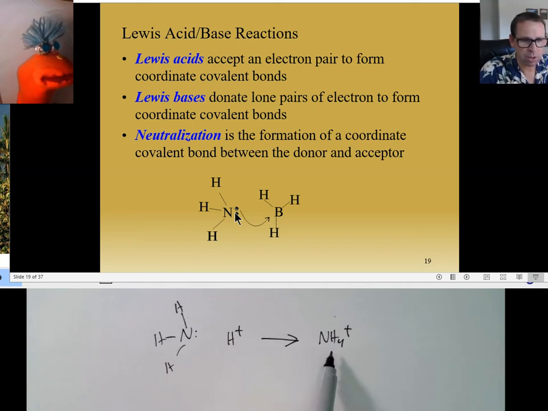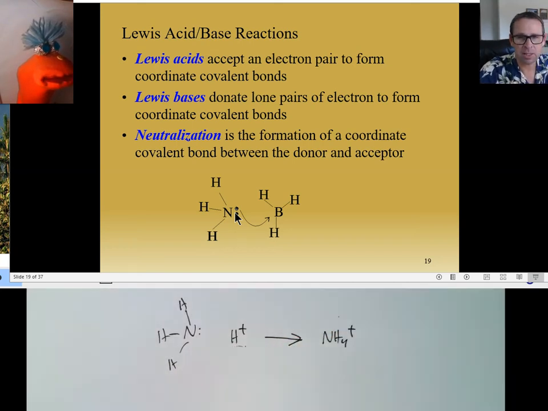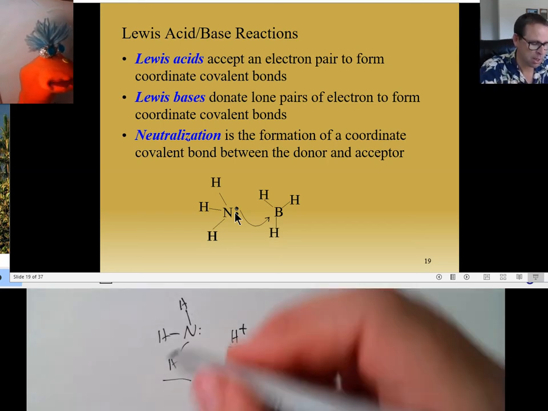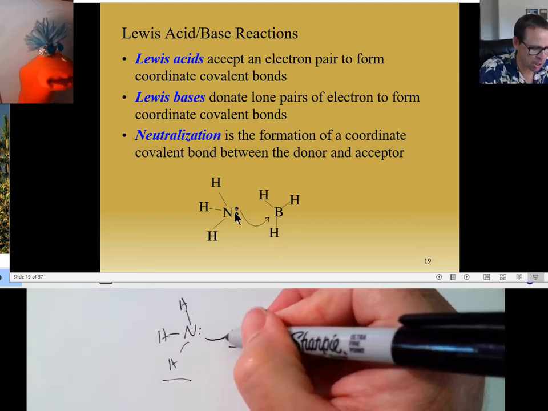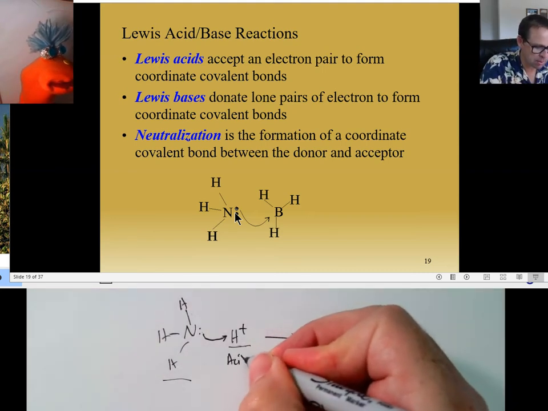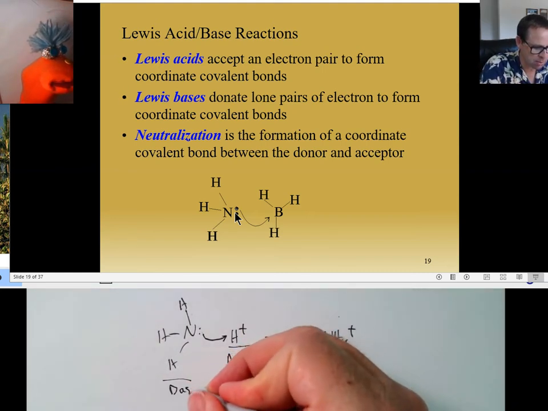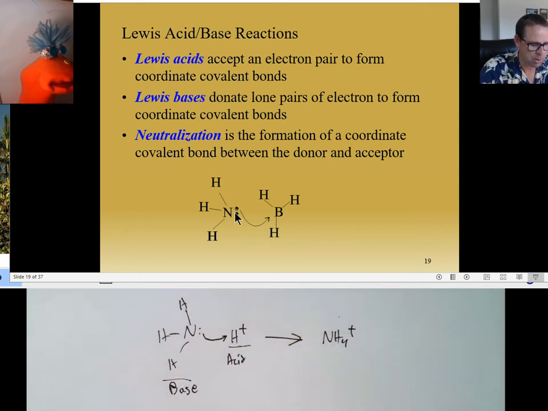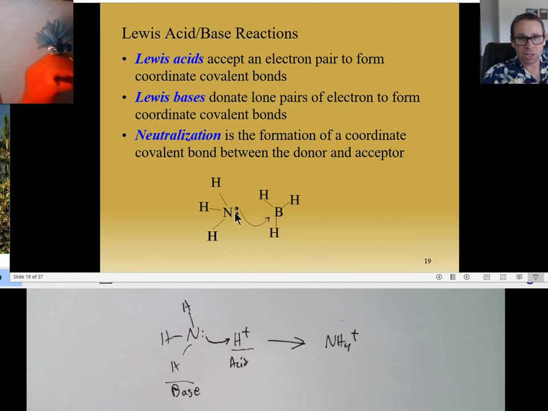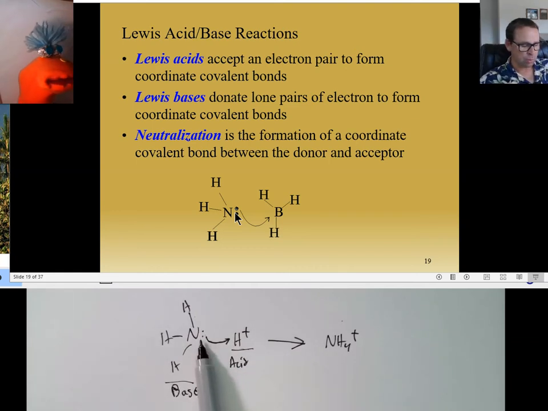When this reaction occurs, H plus is behaving as the acid and ammonia is behaving as the base. The way it occurs is these electrons reach out and grab that hydrogen. Again, this is the acid, hydrogen ion, this is the base, ammonia. So this is an example of a Lewis acid-base reaction.